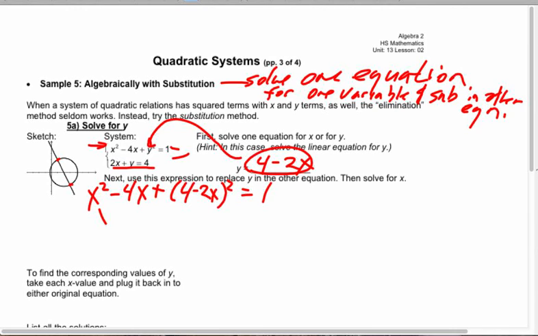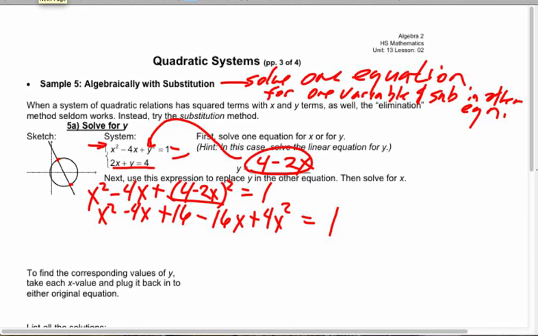So give me x squared, and I'm going to expand this out, and this is what we've been doing with completing the square. So it's going to give me a plus 16 minus 16x plus 4x squared equals 1.